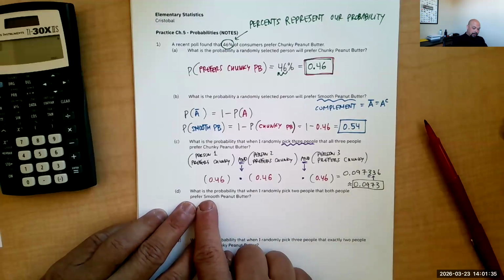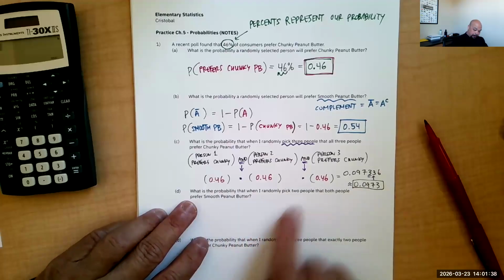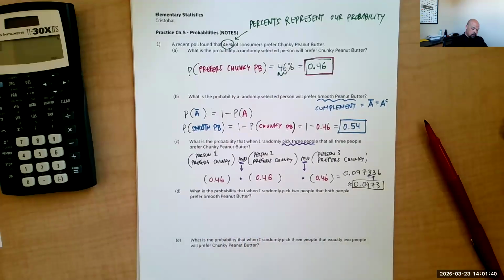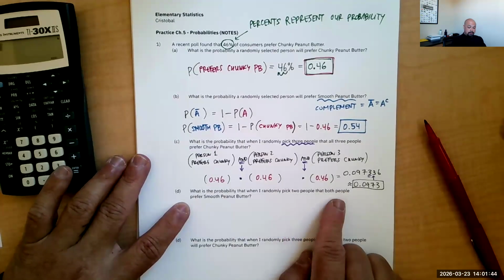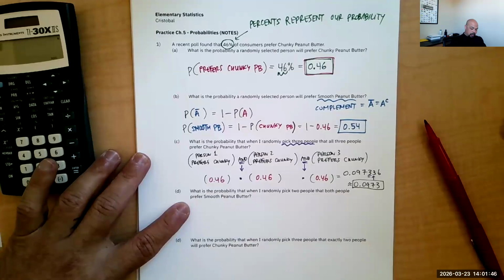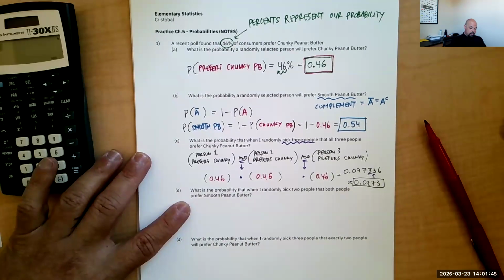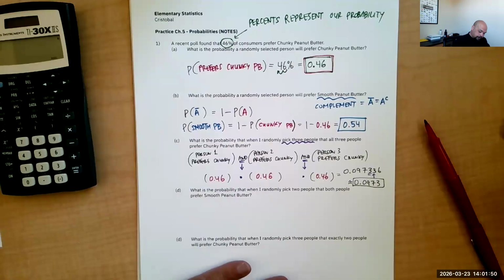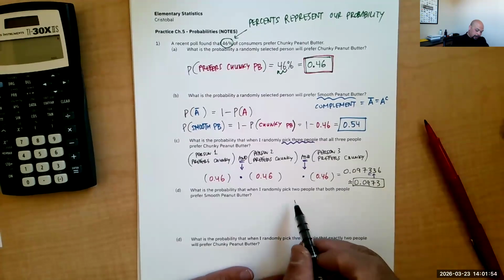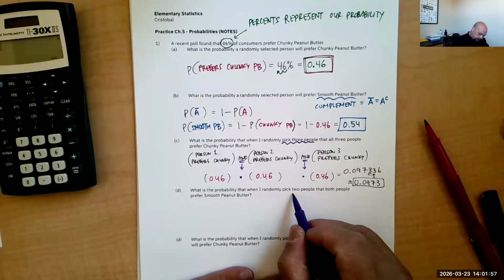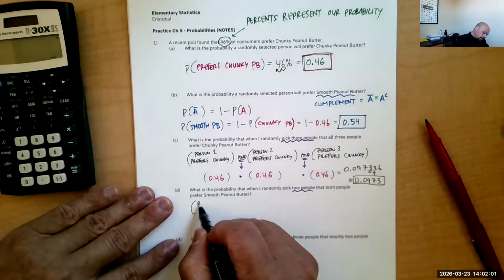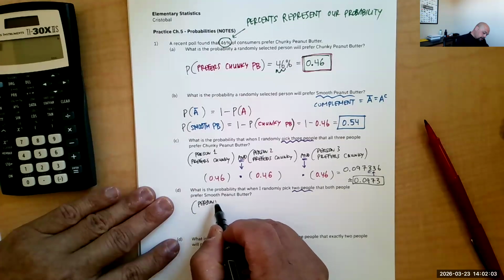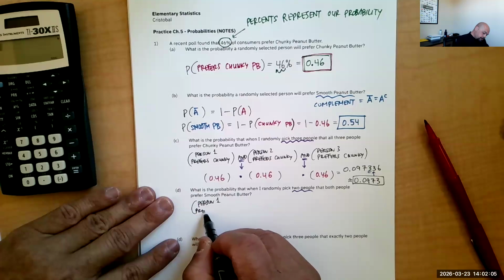So now this next one was the probability that when I randomly select 2 people, both of those people prefer smooth peanut butter, okay? In that case, if we're going to randomly pick 2 people, we're seeing, okay, person 1, the first person, prefers smooth.